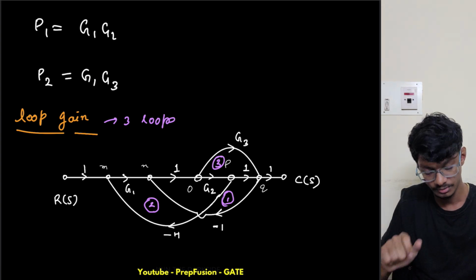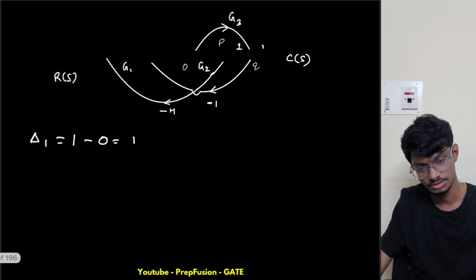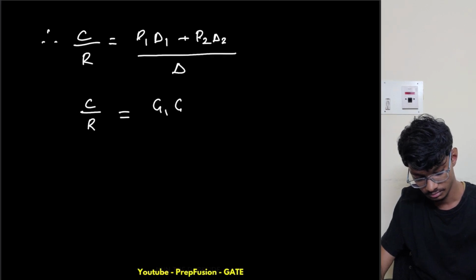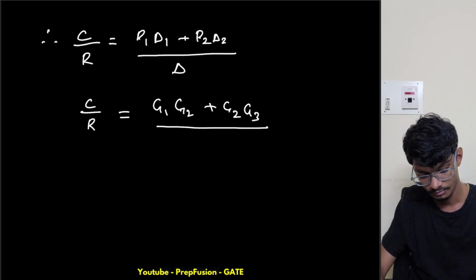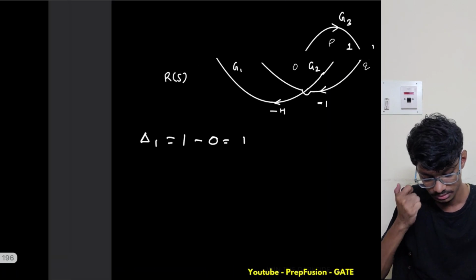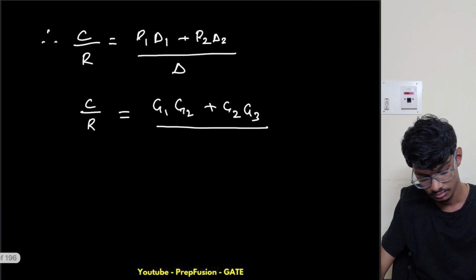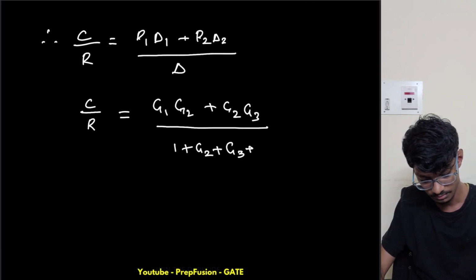P1 is g1 g2 and P2 is g1 g3. So g1 g2 plus g1 g3 divided by delta. What is delta? Delta is 1 plus g2 plus g3 plus g1 g2 h.